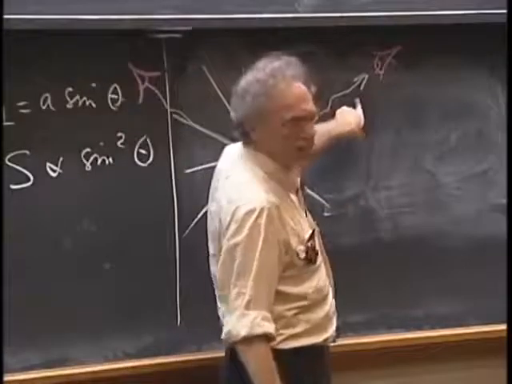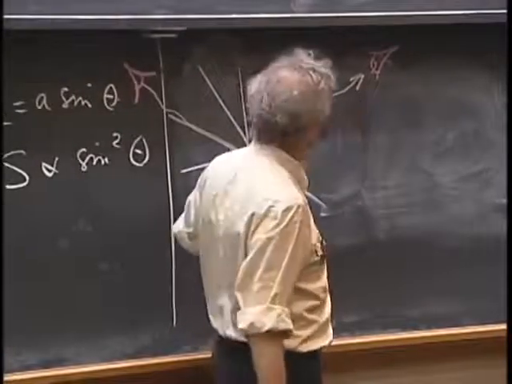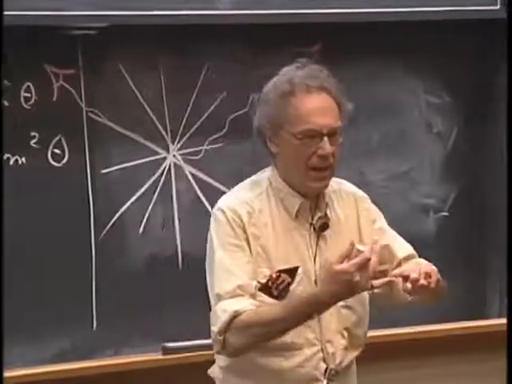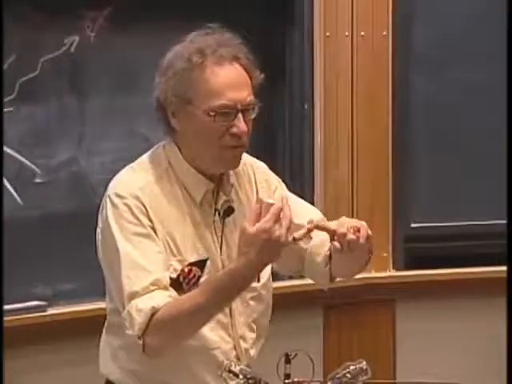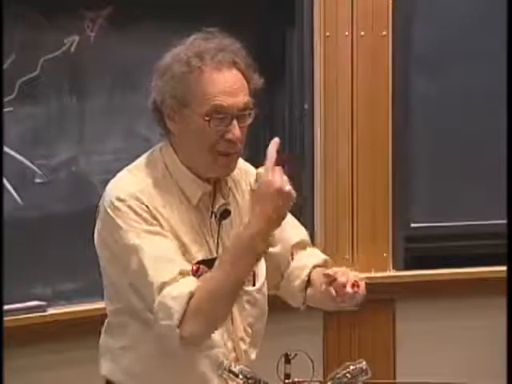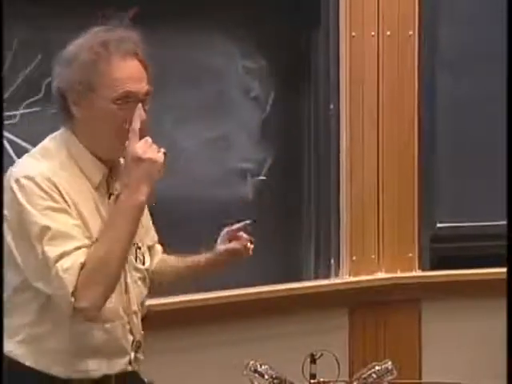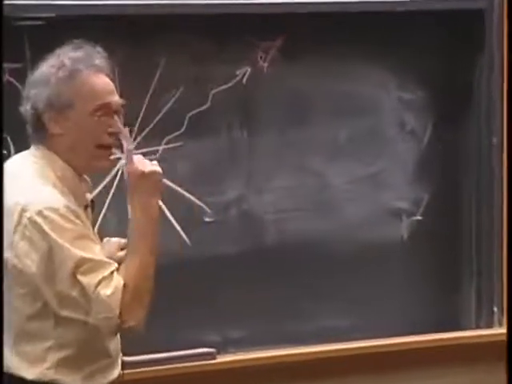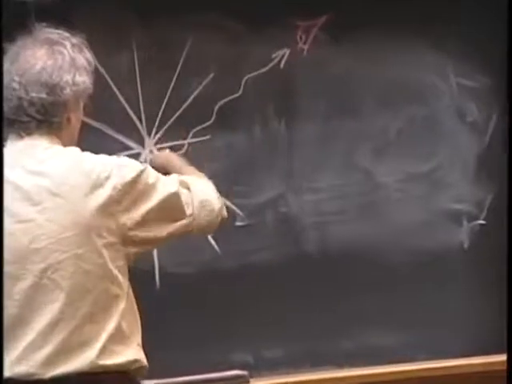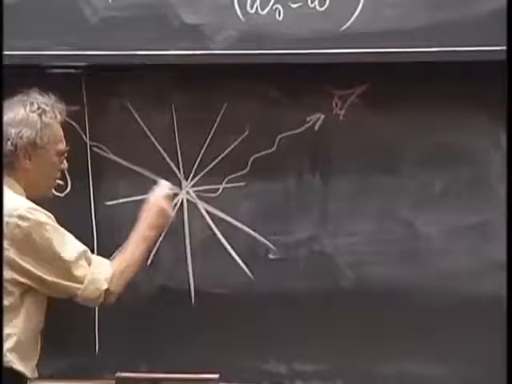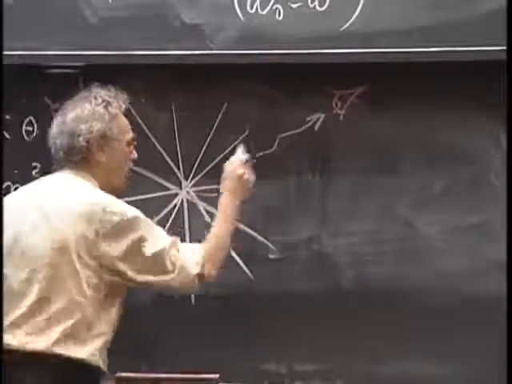What is the direction of the E vector when this light reaches my eye? It is in the plane of A and R. That means it must be in the blackboard. Remember, the E vector is in the plane of acceleration. This acceleration is like this. That's the plane of the blackboard. This acceleration is like this. And R is also in the blackboard.